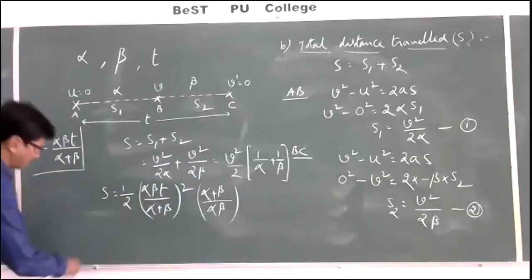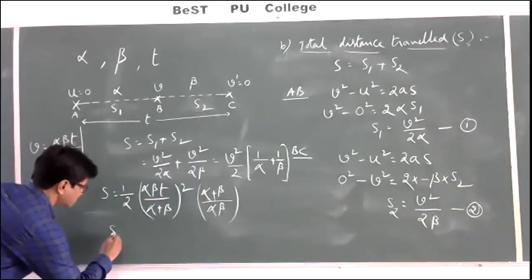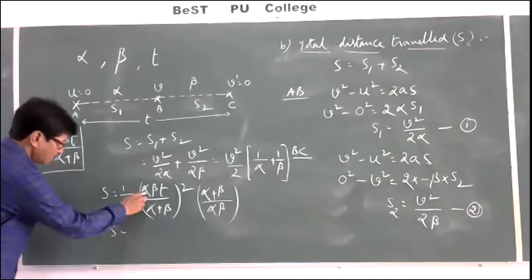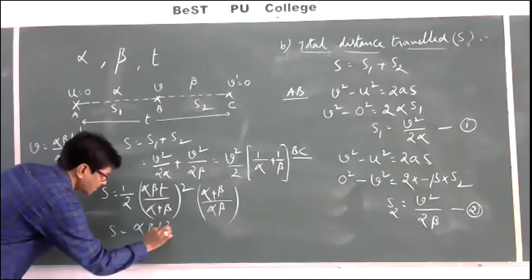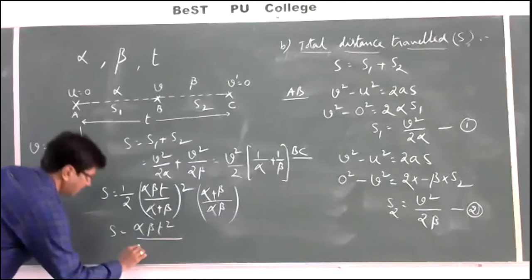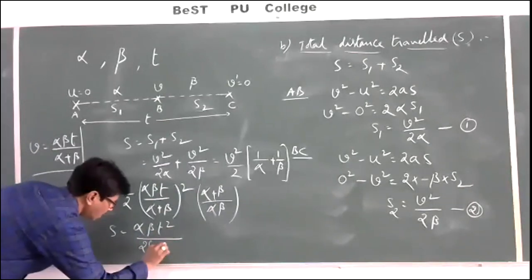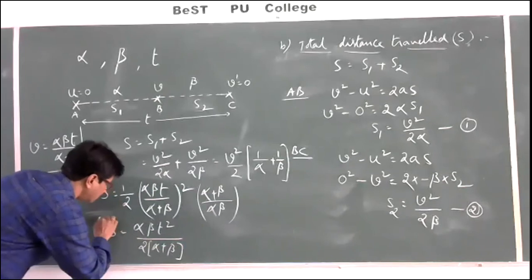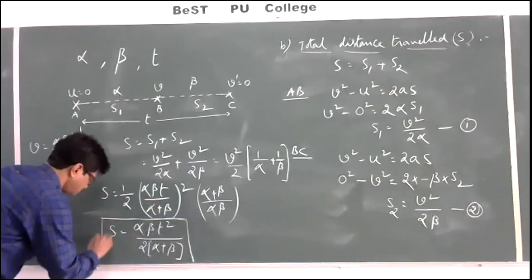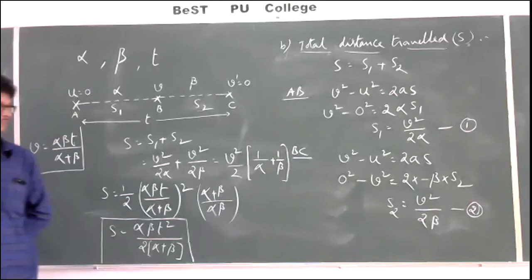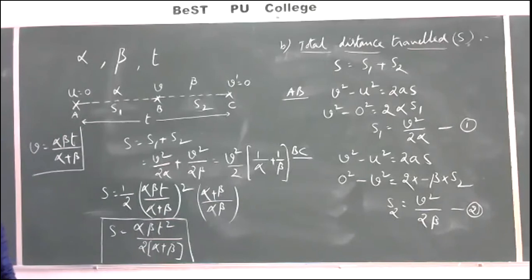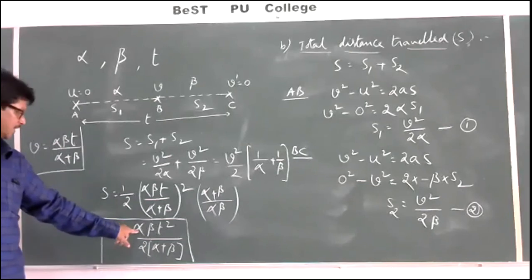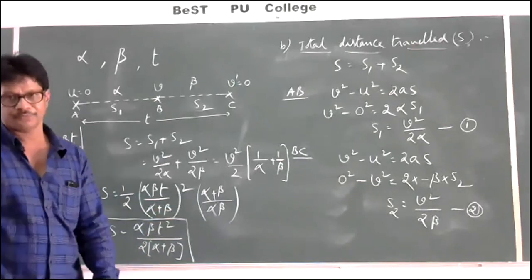Then finally, S is equal to alpha beta t square divided by 2 into alpha plus beta. See, here also the total distance we are getting in terms of alpha, beta and t only.